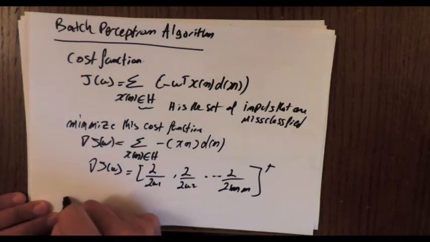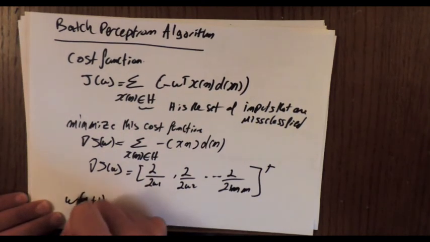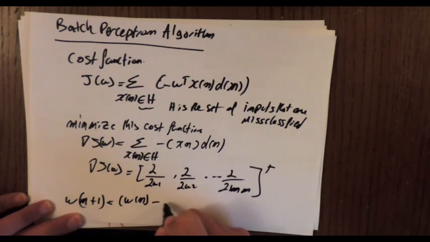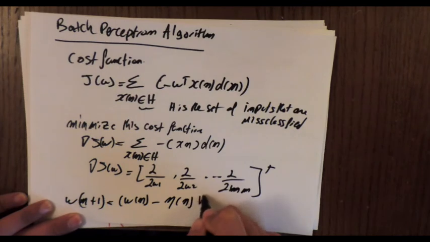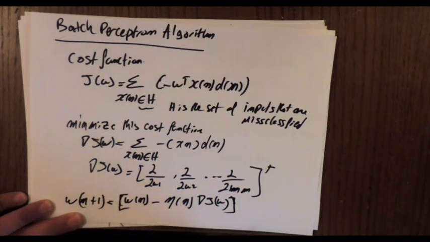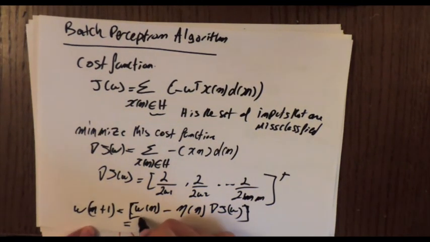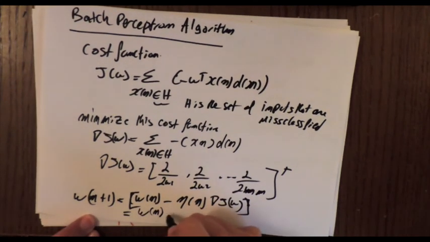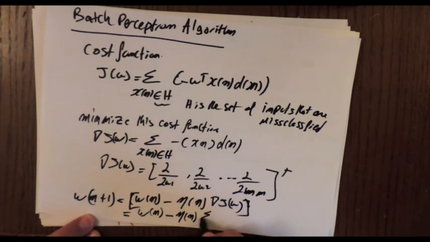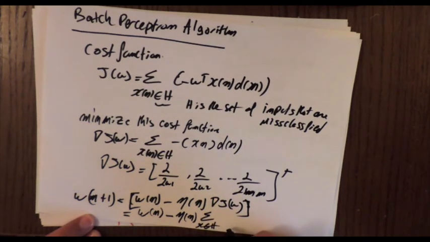So now the weight update rule will happen as follows. w of n plus 1 will be equal to w of n minus the learning parameter multiplied by the summation over x belonging to H, which are the misclassifications, of x of n d of n.